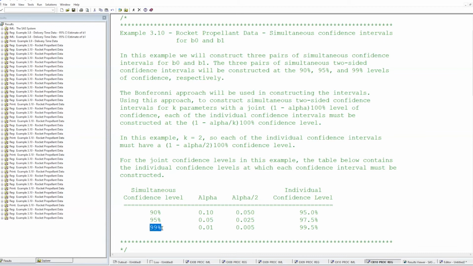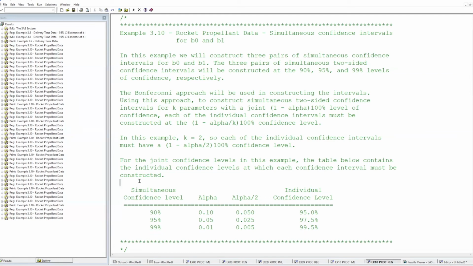And then finally, if we want a 99% simultaneous confidence level, the alpha corresponding to that confidence level is 0.01. We divide that by 2, we get 0.005. And the corresponding individual confidence level for each of the 2 intervals is therefore 99.5%. So if we construct each of those 2 confidence intervals at 99.5%, then jointly they will have a 99% simultaneous confidence level.